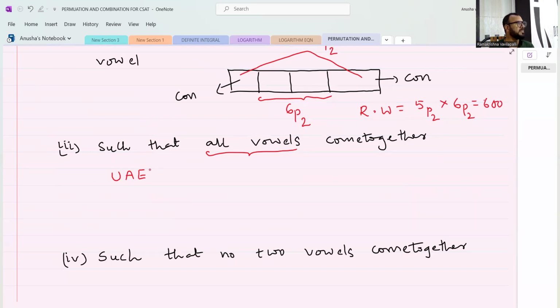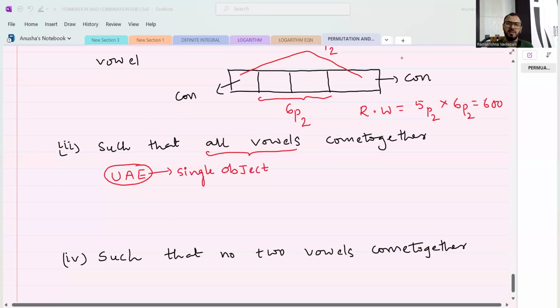So you take this. Consider all these 3 letters as a single object. Whichever objects we want to come together, those are all considered as a single object. Here we want all vowels to come together, so consider all vowels as a single object, U, A, E. Of course, here order is important.